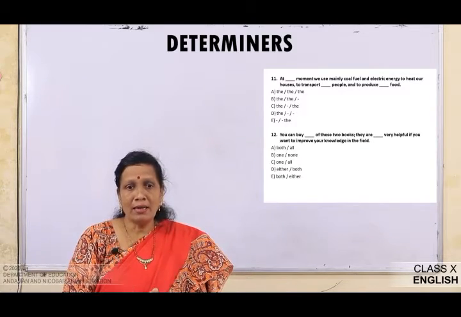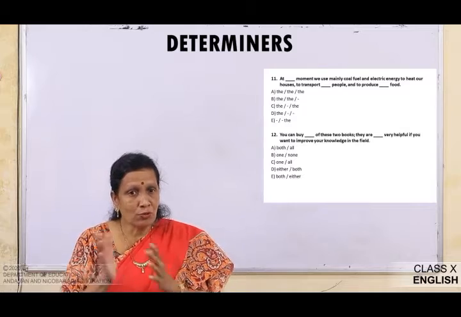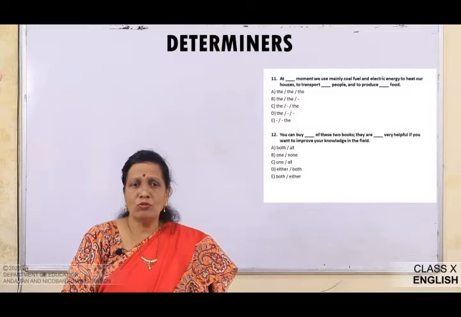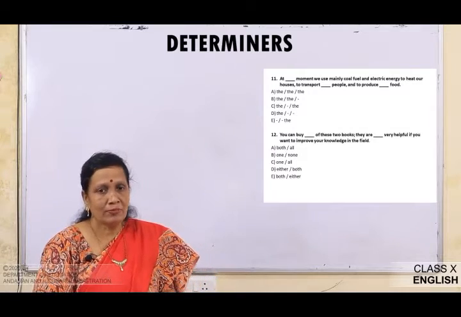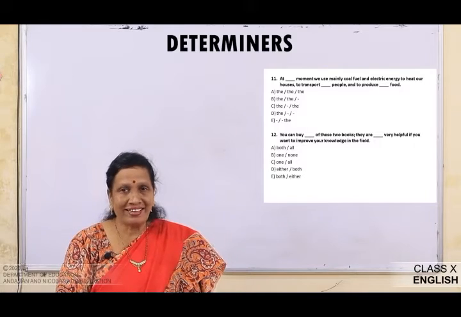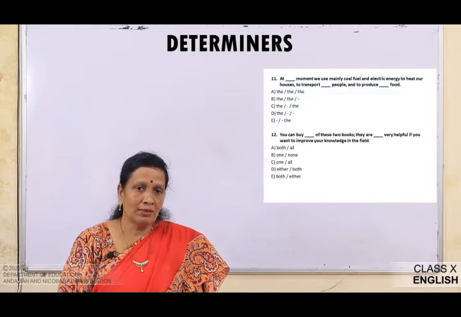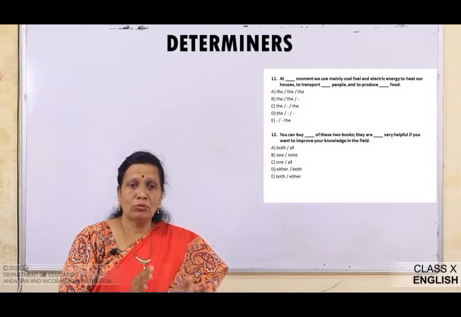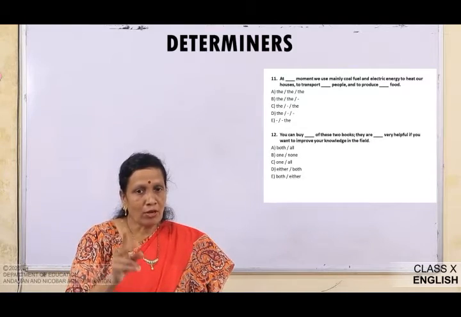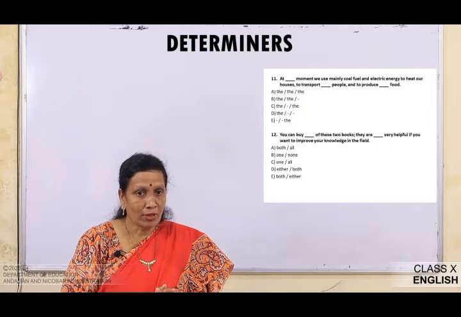Now, you can buy, there is a blank of these two books. They are, again there is a blank, very helpful if you want to improve your knowledge in the field. So, here the options are both, all, one and none, one and all, either and both and either. So, here they are talking of two books. Okay?